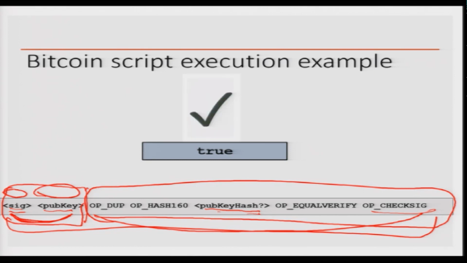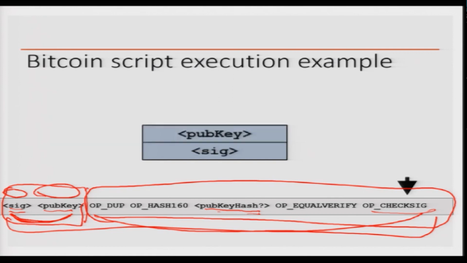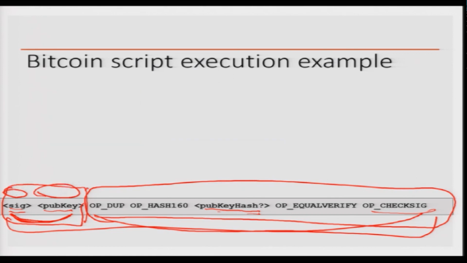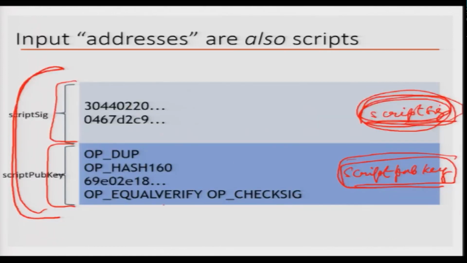Now, one thing I forgot to tell you is that you take this part from your current transaction and this part from the previous transaction. Why? In the input part of the current transaction I put this and signed it, and this is the output part of the previous transaction, which I am trying to use.